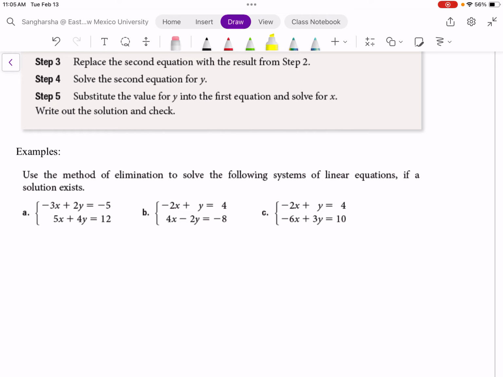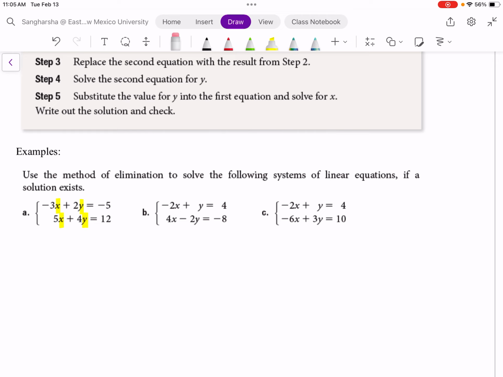Our variables are x and y. So we have two variables, and each has degree 1, and it's linear. Linear means the variable has degree 1, so it must have exponent 1. That makes it linear.